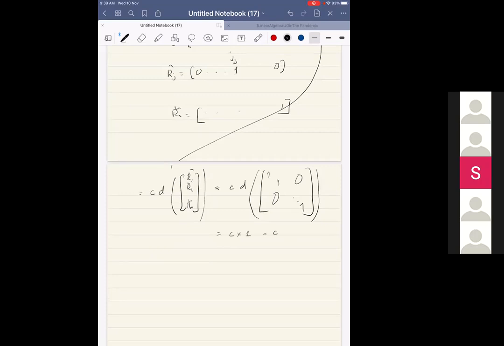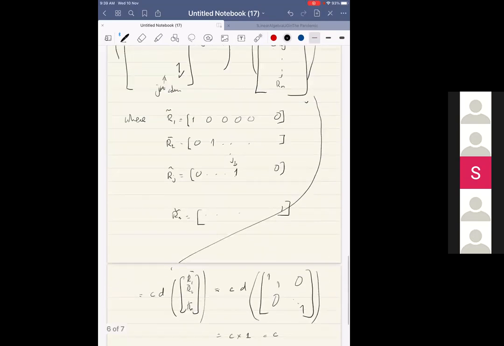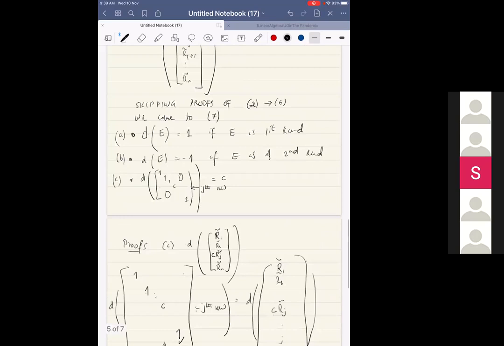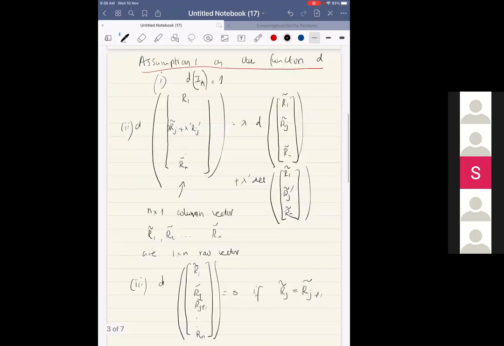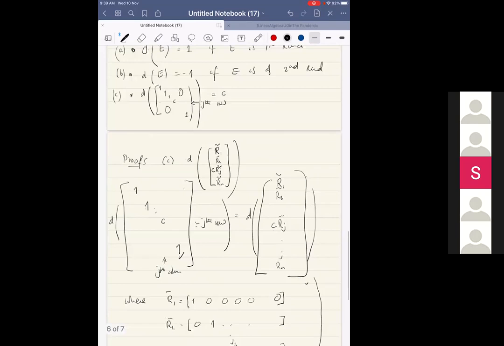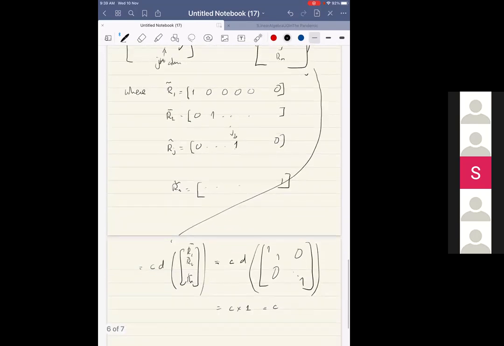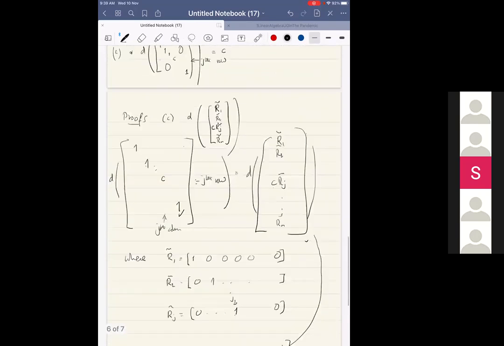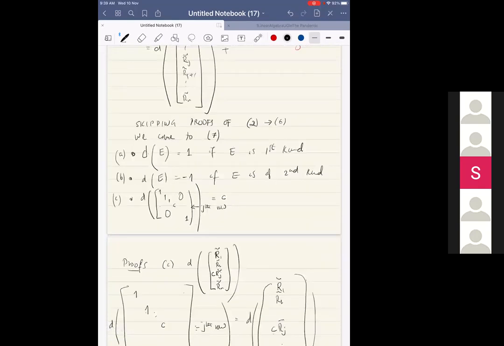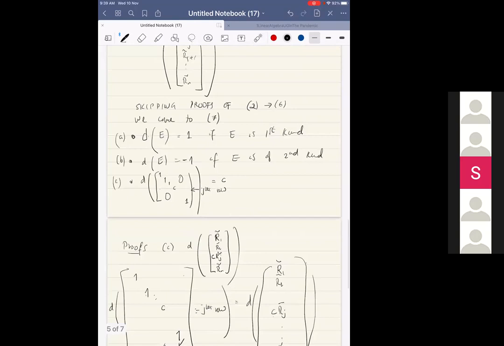Okay, so we proved that any function D that satisfies these Roman numeral properties 1 to 3, on an elementary matrix of the third kind, has this form. Now let us try elementary matrix of the second kind.